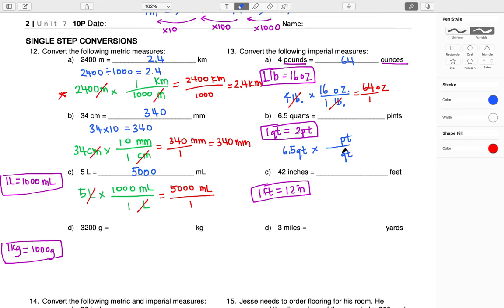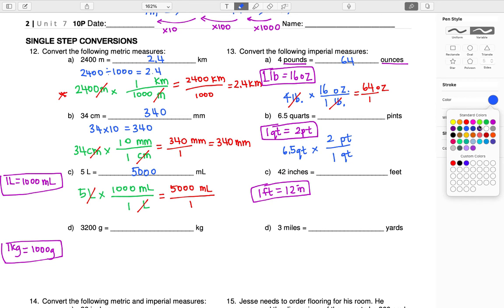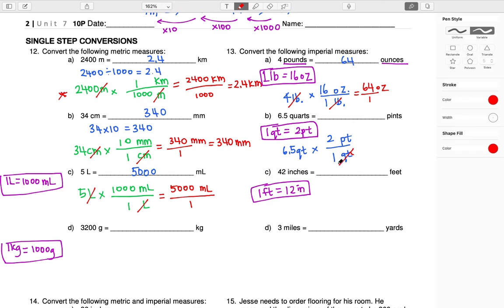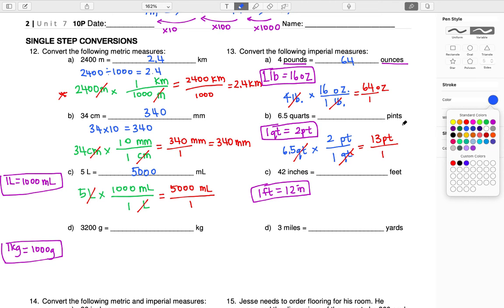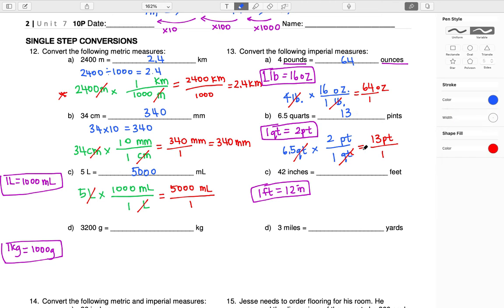And looking at the conversion factor, we know 1 quart is equal to 2 pints. And when you multiply, quarts and quarts cancels out. So you do 6.5 times 2, which is 13 pints over 1. Therefore, my final answer is 13 pints.